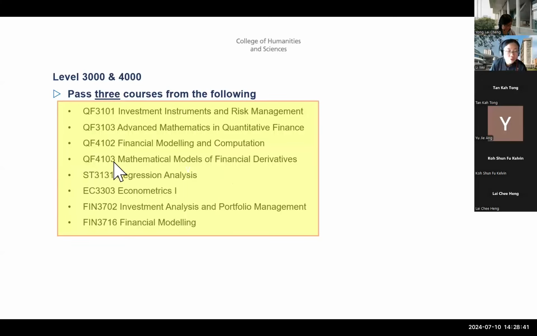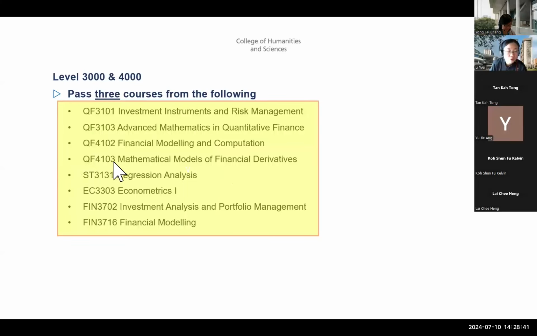So you have 4 QF courses to choose from at the 3000 and 4000 levels, and also the stats course SD 2131, regression analysis. As I said just now, for the QF major this one is very important as well, and it is other than the QF courses.